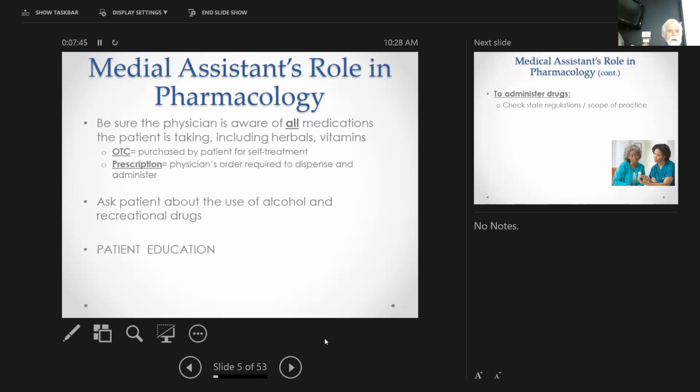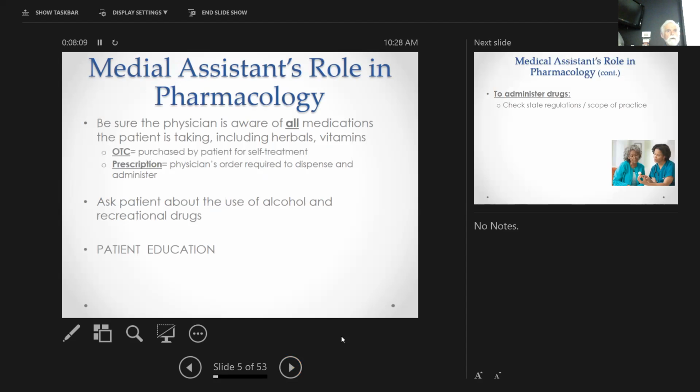When we are interviewing our patients, we are confirming what medications they are taking. And that includes everything. It includes all over-the-counter meds, supplements, naturopathic or homeopathic medications they may be taking.